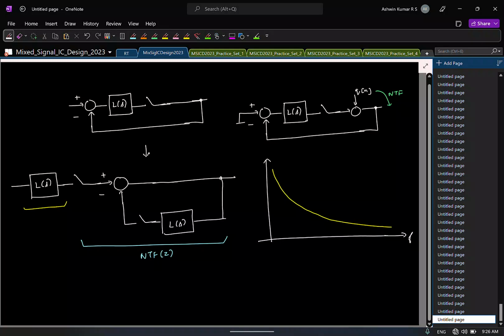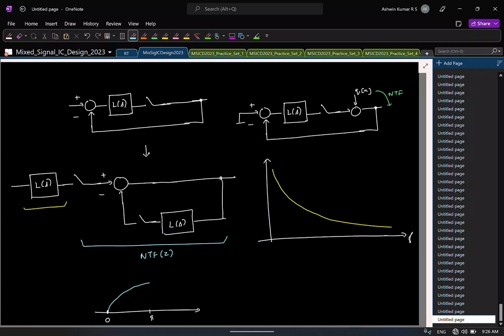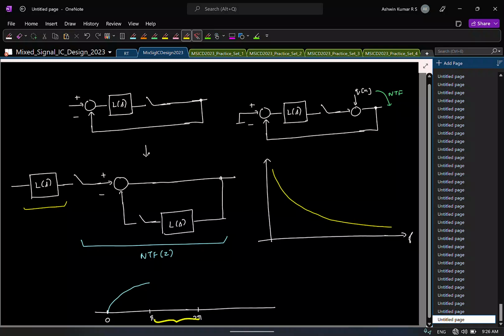Now we know how the NTF is going to look like. In discrete time, if I plot it from 0 to pi, the NTF looks like this. High pass NTF, right? And let's say I extend this, right? How do you think it will look like? Instead of just plotting from 0 to pi, how do you think it will behave from pi to 2 pi? It will be symmetric. It's a discrete time transfer function. You have periodicity in 2 pi.